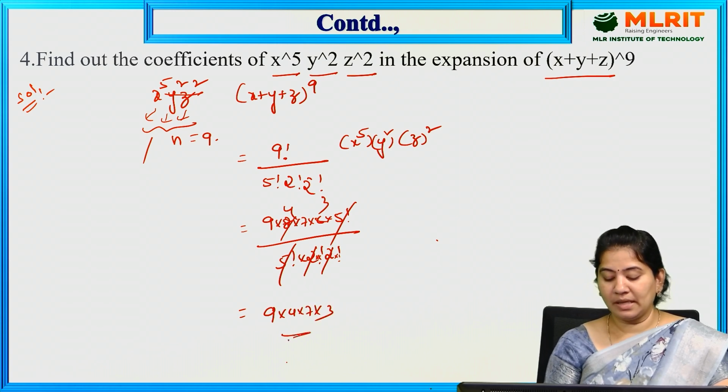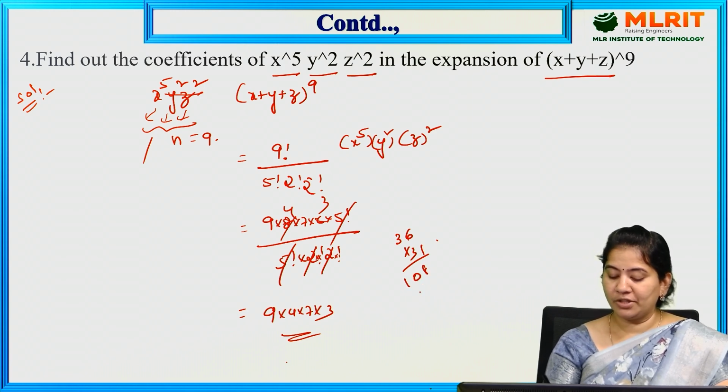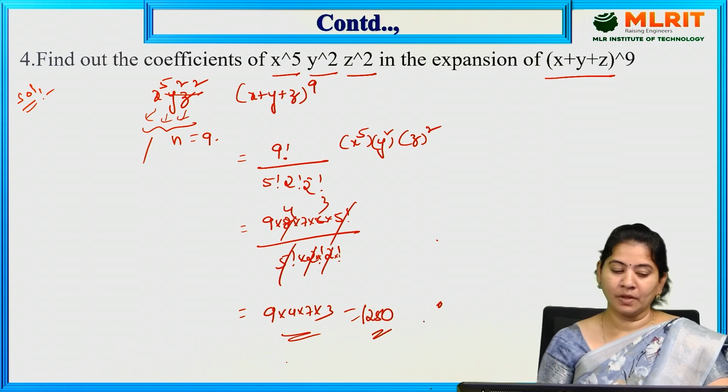You can take 9 4s are 36, 36 into 3, 3 6s are 18, 3 3s are 9, so 108 into 7. So here you will get the answer, the coefficient.